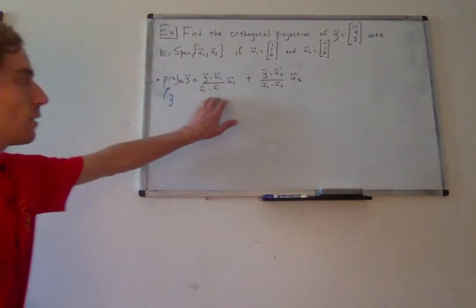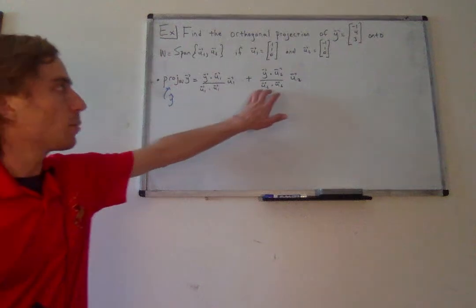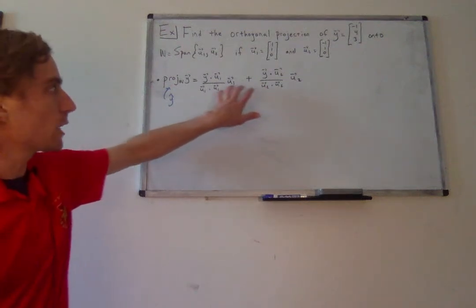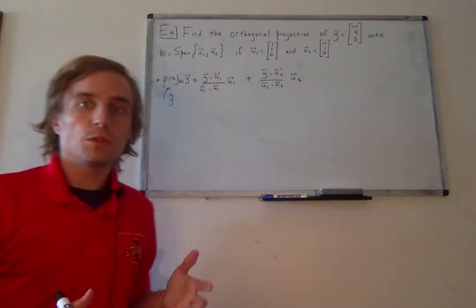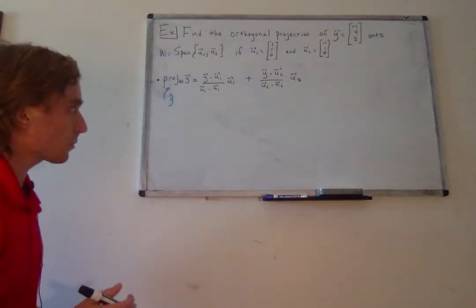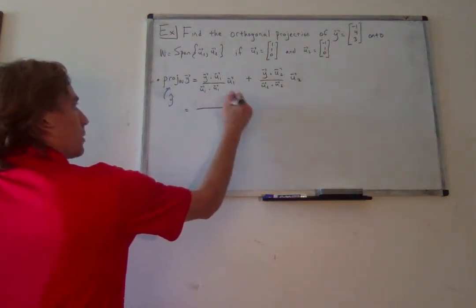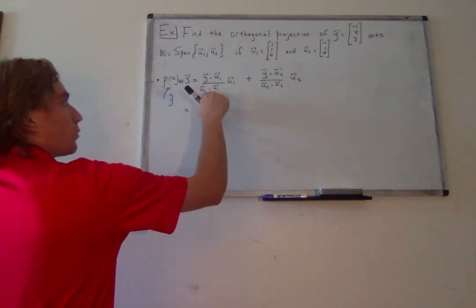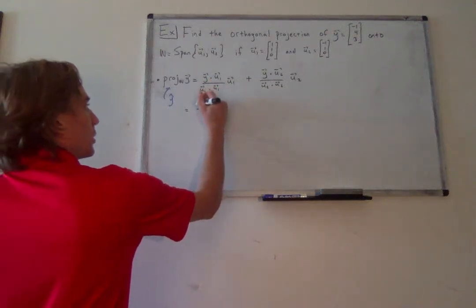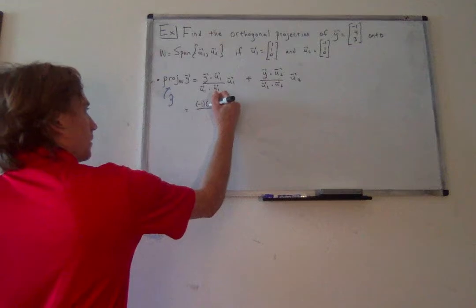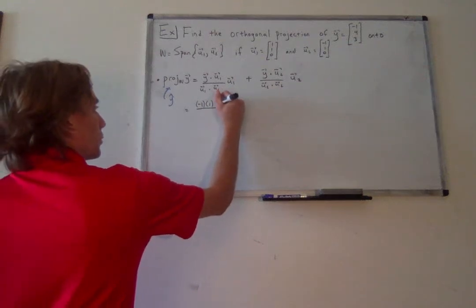We basically do this projection of y onto each vector and then take the sum of these two vectors. Remember that these fractions represent a dot product over a dot product, so these fractions are themselves just scalars.